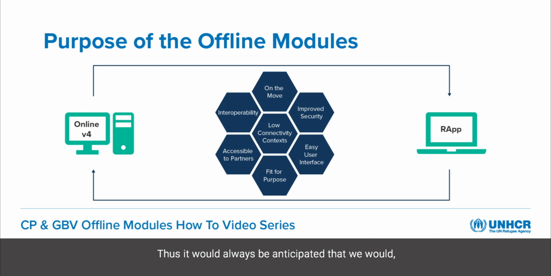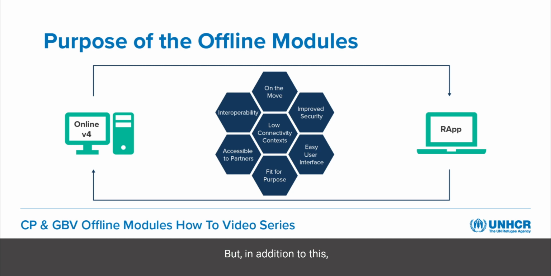Thus, in contexts where the offline module would be used, it would always be anticipated that there would be this consistent syncing between the online version of V4 and the offline version RAP, for the most up-to-date information to be available in proGres.